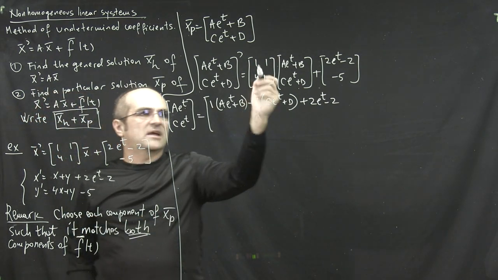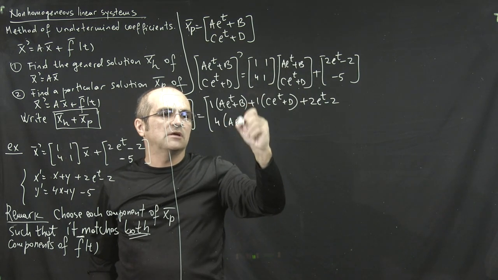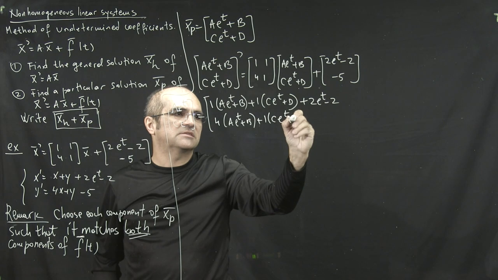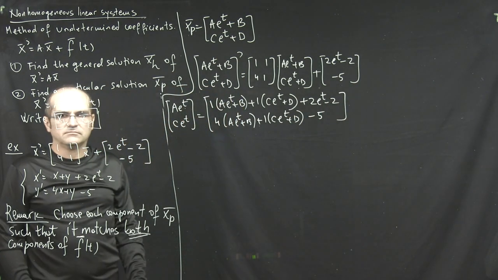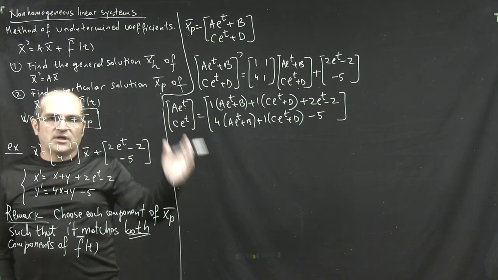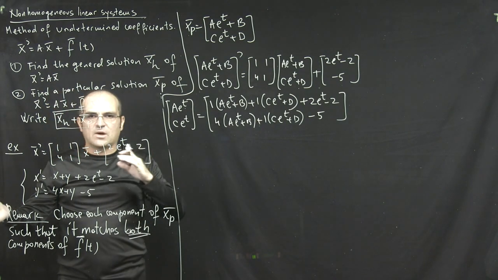Second row, second component, right? So 4 times a e to the t plus b, plus 1 times c e to the t plus d, and then minus 5. So basically you have to write carefully, one column on the left, one column on the right, because then you can match entry 1, entry 2.